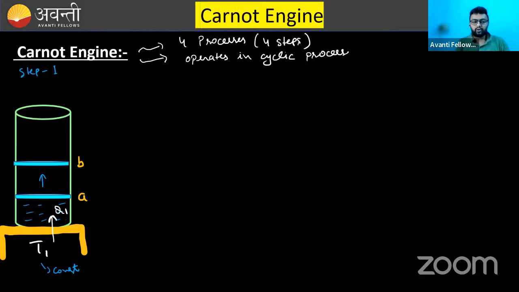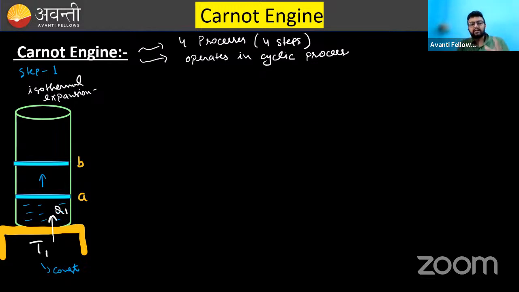The process is slow, extra heat is provided, so the temperature of the system is maintained and the process is isothermal. So what is the first step? The first step is isothermal expansion. I think the first step is clear.